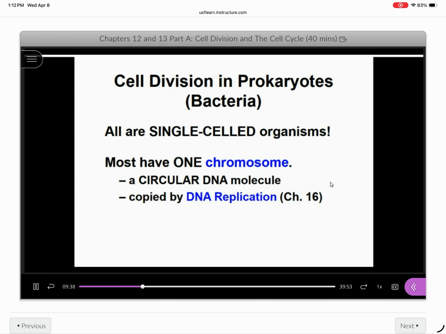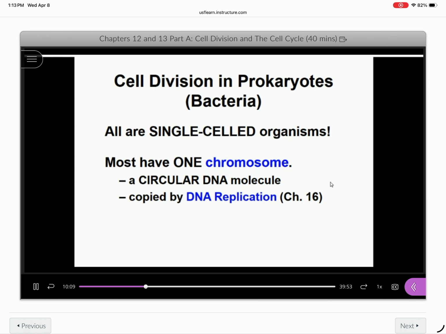And that DNA is copied in the process of DNA replication. Again, a terminology. That's the name of the process that copies DNA. Cells must copy their DNA before they divide into two cells.